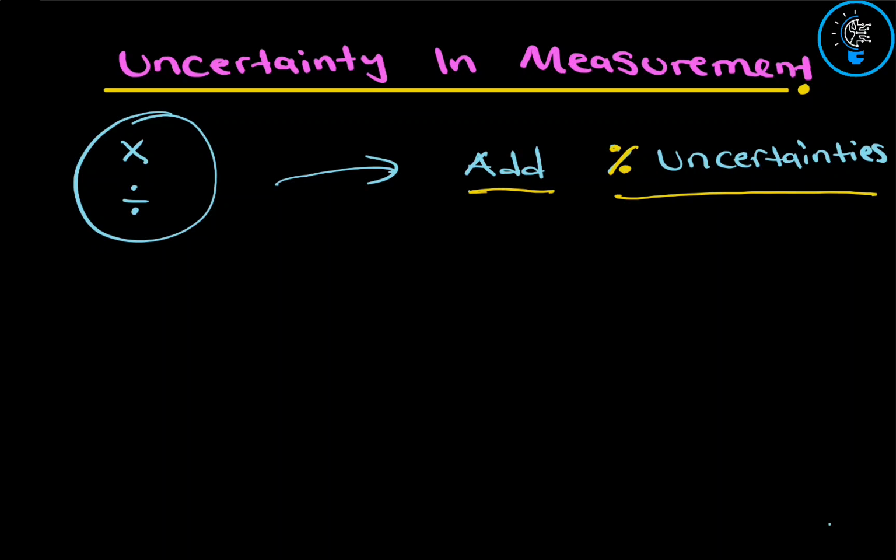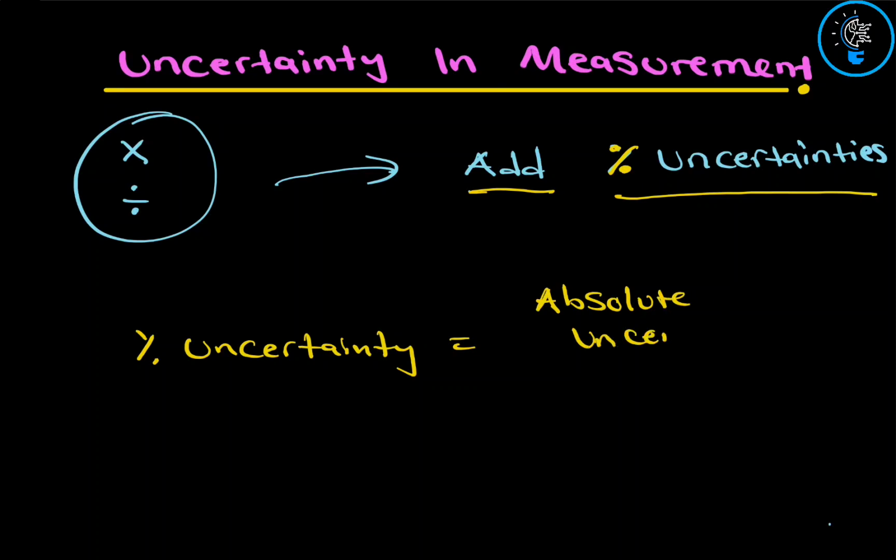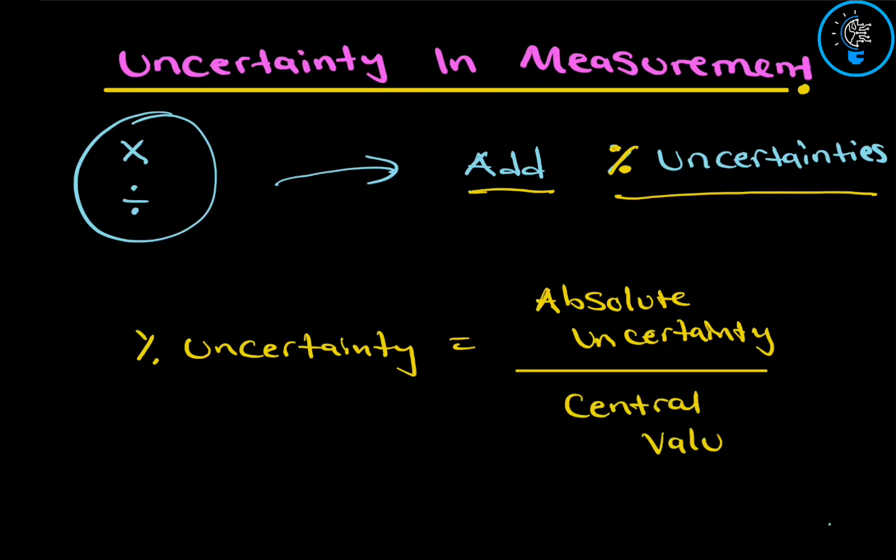Okay, now what's percentage uncertainty? Percentage uncertainty can be determined using this formula, where percentage uncertainty is equal to the absolute uncertainty divided by the central value, multiplied by 100%.